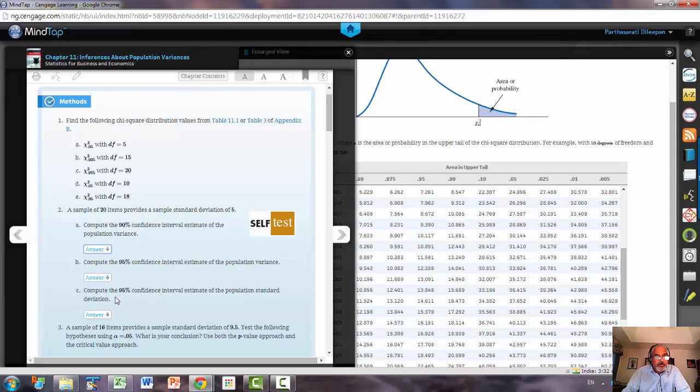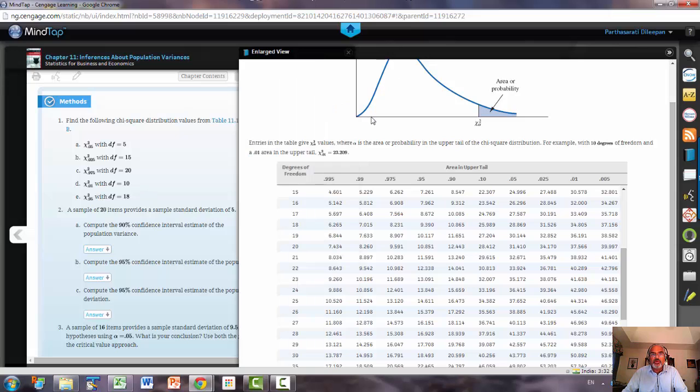If you want a 95% confidence interval instead of 90%, now the middle area is 95%, so 5% is equally distributed on these two sides. So this is 2.5%, that's 2.5%, or 0.025.